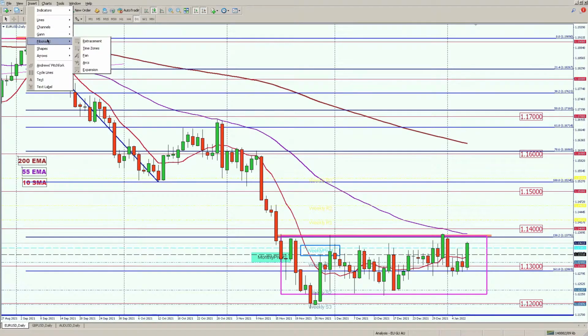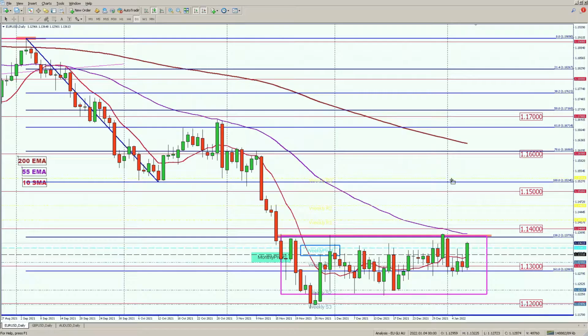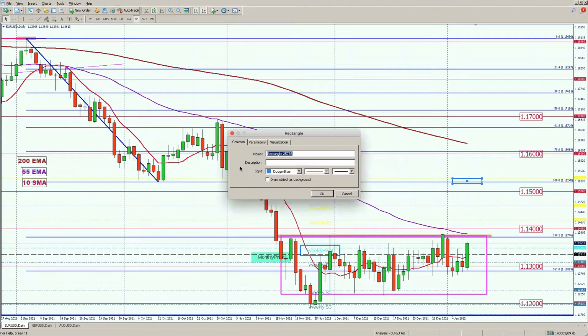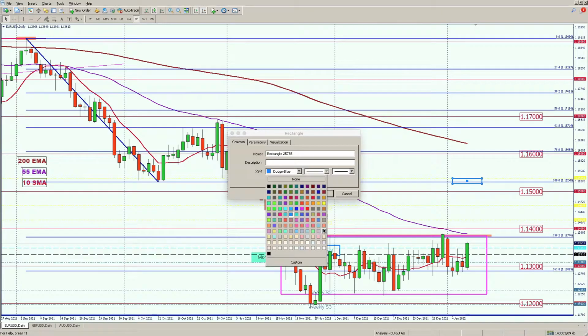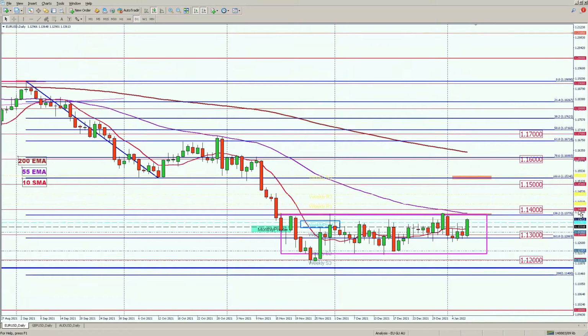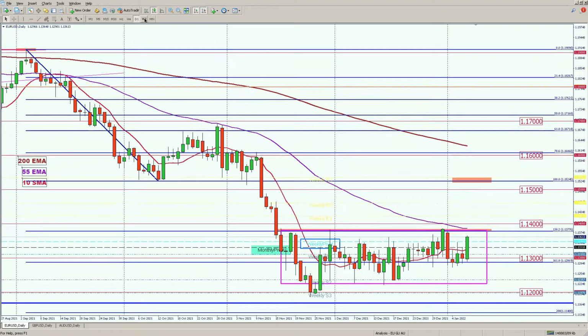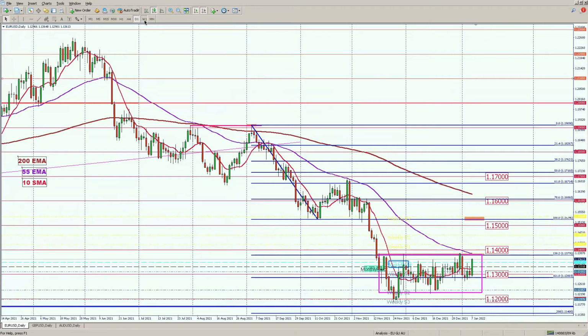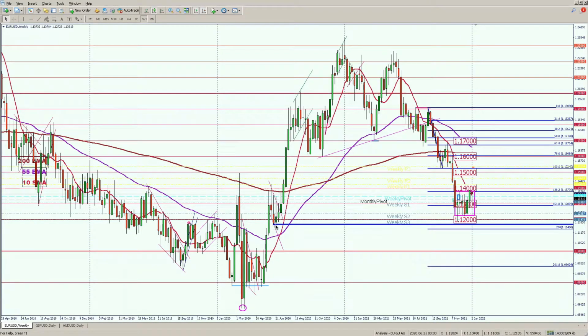All right, and let's identify this resistance zone. For this coming week, if it's able to break above the 114 and the daily 55, then below that, let's take a look at where we were. That's the swing low area.